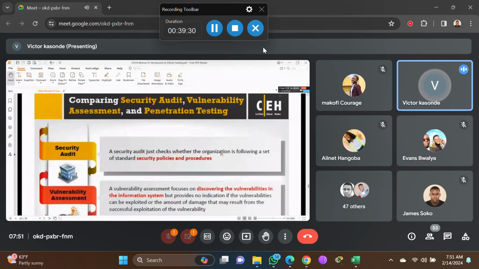For everything there are rules. So when they come to your system, they just check on standard security policy and procedure. Full stop.